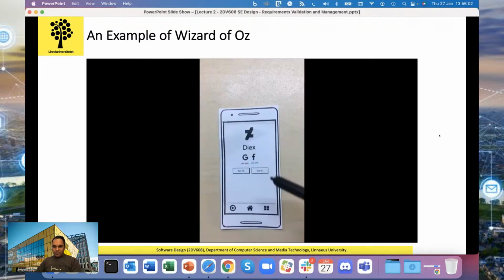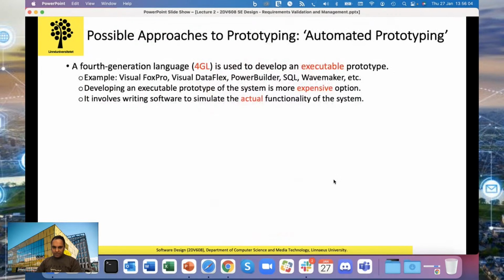So to solve this problem, there is another prototyping method, that is automated prototyping. And usually this automated prototyping is done with fourth generation language. The property of this fourth generation language is that they need very few lines of code to produce a working system.